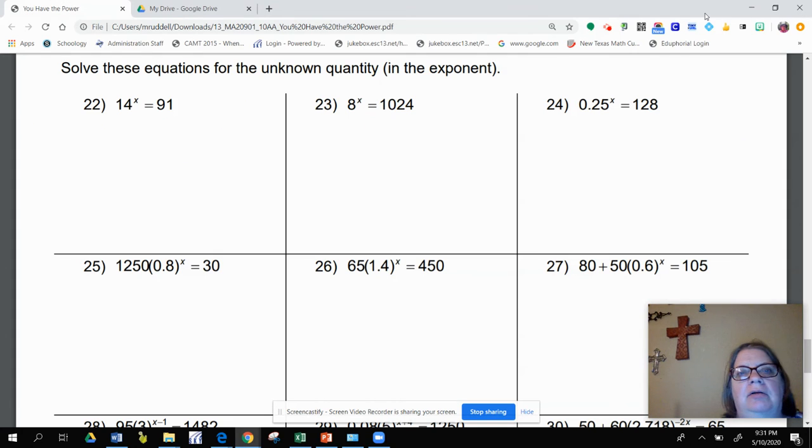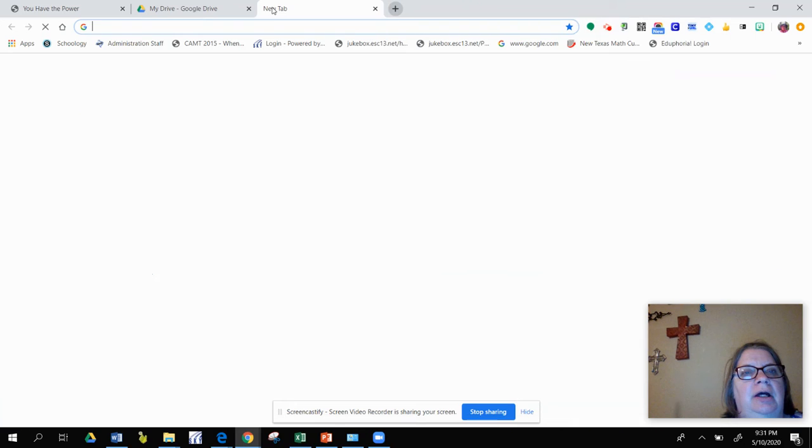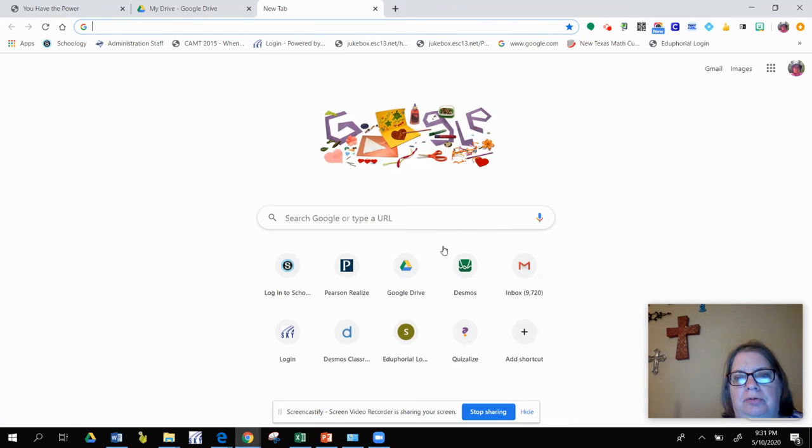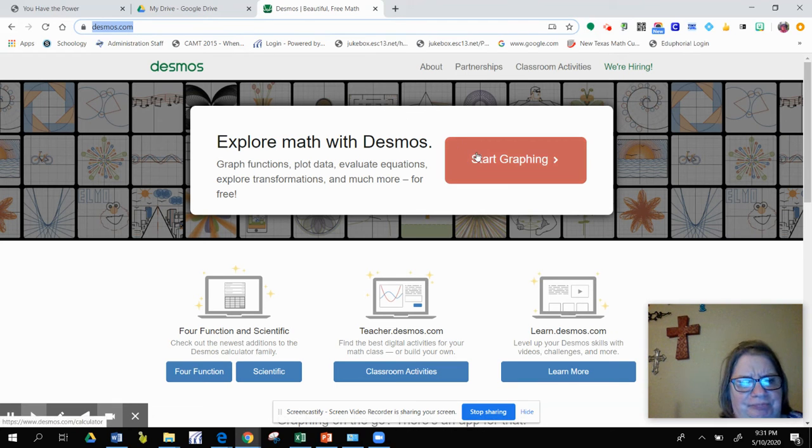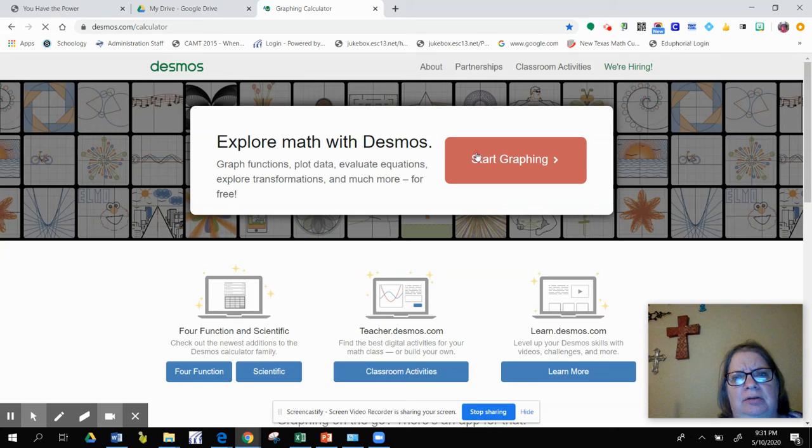So I have to close this out, open another tab, go to Desmos. There is a Desmos scientific calculator that you can use, but this one works just fine.